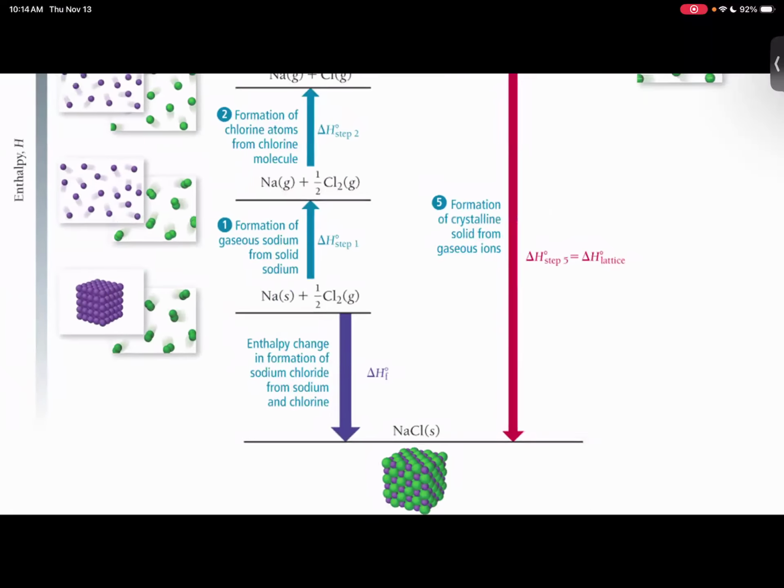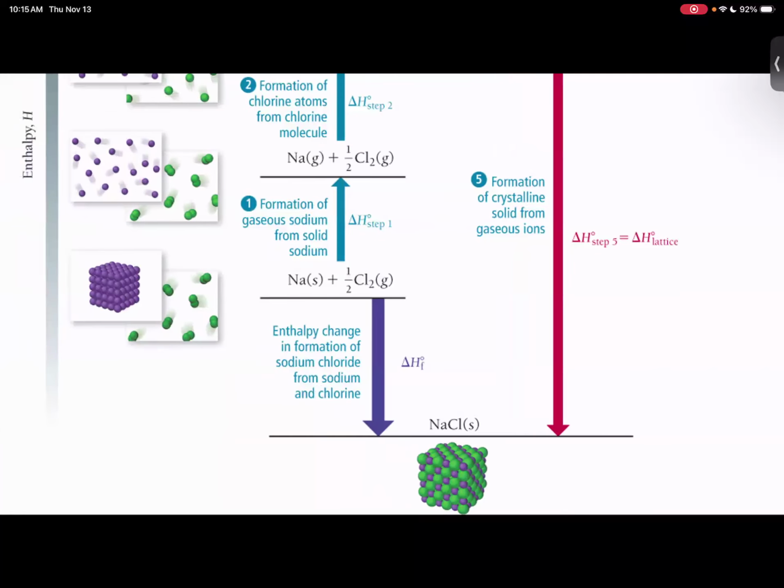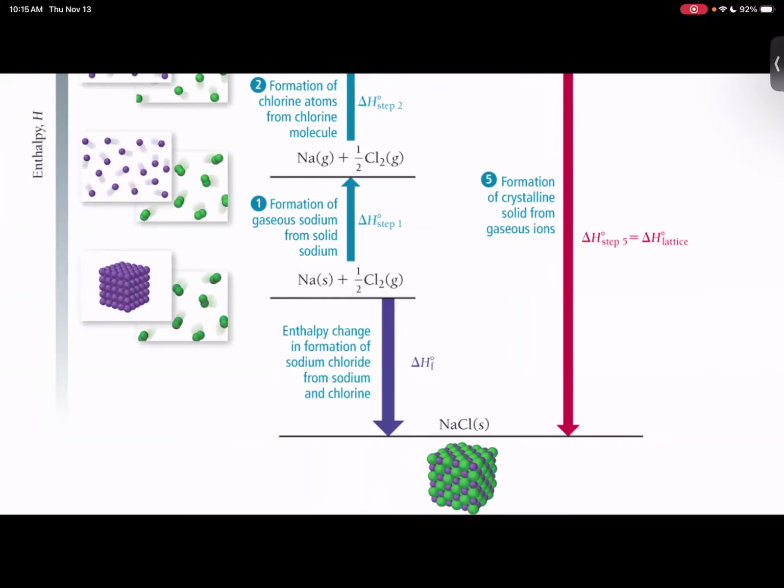I'm going to blow up bits and pieces and move this around. We think of the formation of sodium chloride, solid, from its elements in their standard state. The element in its standard state for sodium is a solid, and for chlorine, it's a diatomic element.